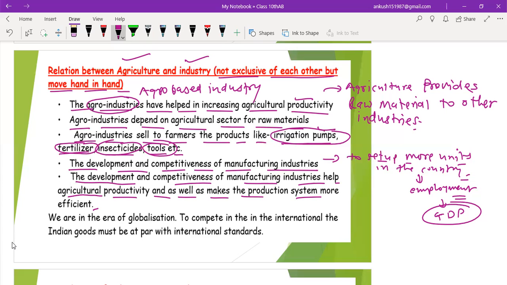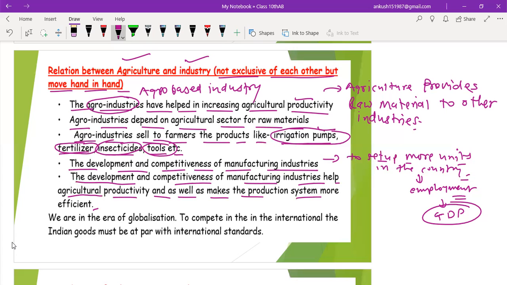Multiple times they can cultivate the crops. Have you got it? So this is something that the industrial development made it possible for the other industries or other raw material producing industries. They're way easy to produce them.